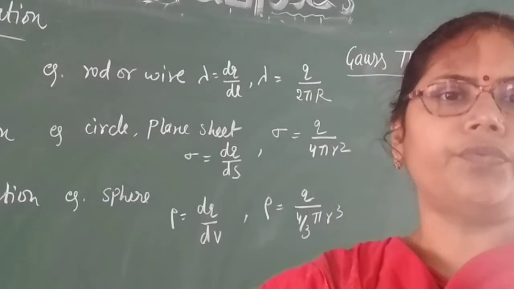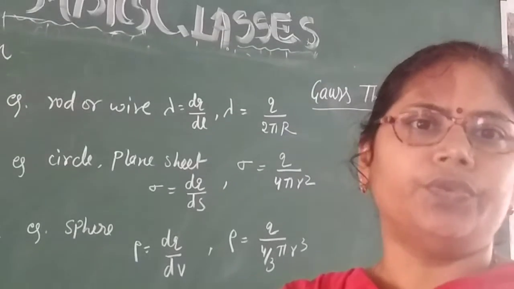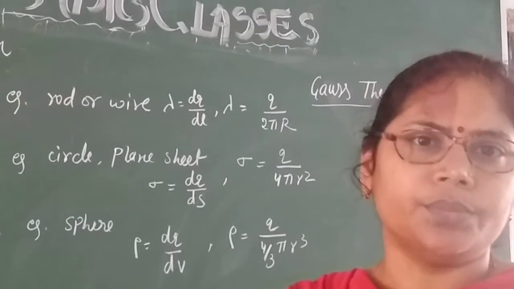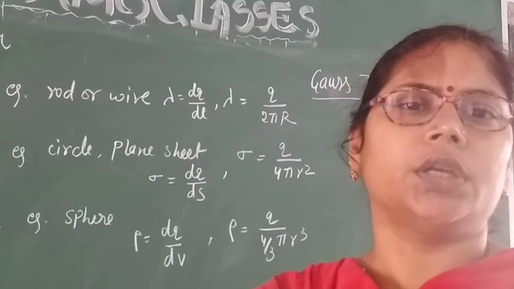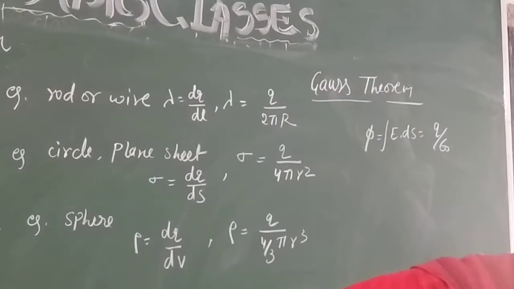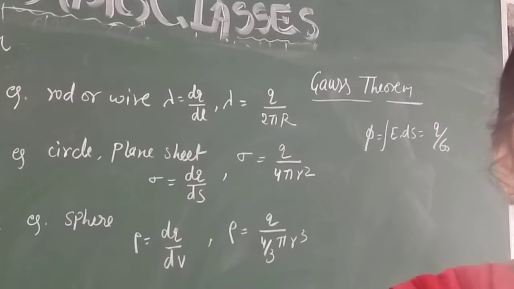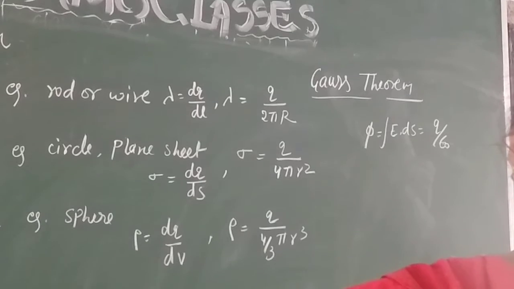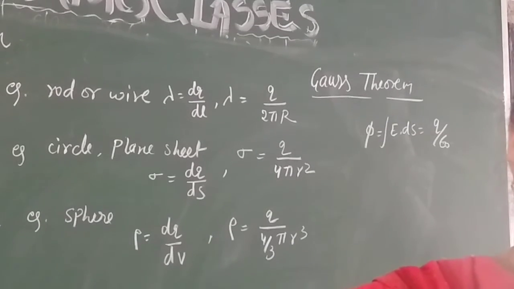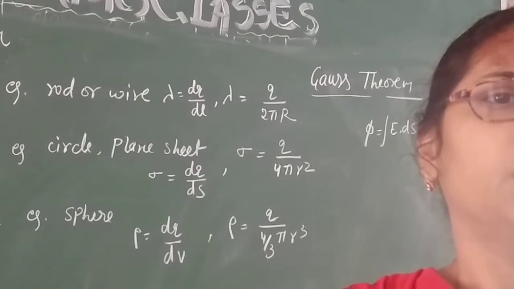According to Gauss theorem, the total electric flux of any conductor is equal to 1 upon epsilon naught times the total charge enclosed by the surface. The total electric flux, or number of electric field lines passing normally through the surface, is equal to 1 upon epsilon naught times the total charge enclosed.